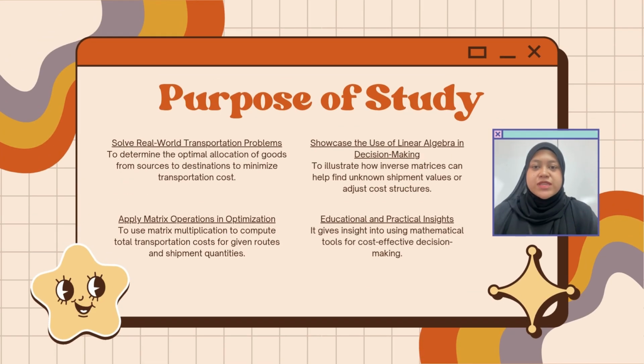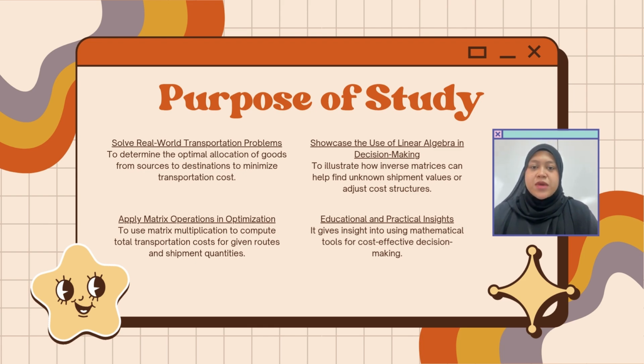The purpose of this study is to solve real-world transportation problems. It is to determine the optimal allocation of goods from sources to destinations to minimize transportation costs. Then, showcase the use of linear algebra in decision making, to illustrate how inverse matrices can help find unknown shipment values or adjust cost structures.